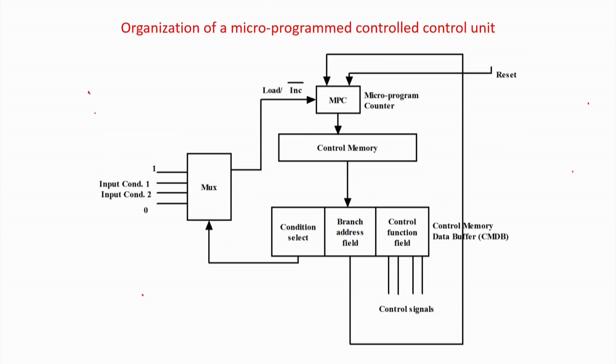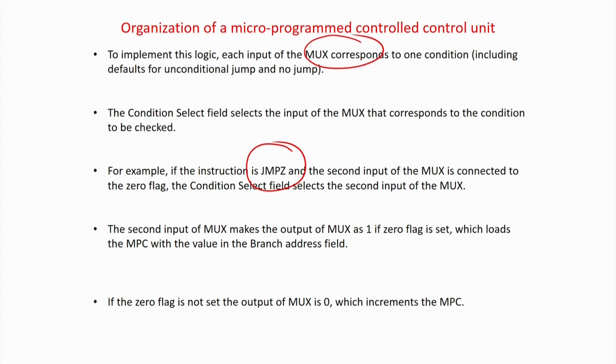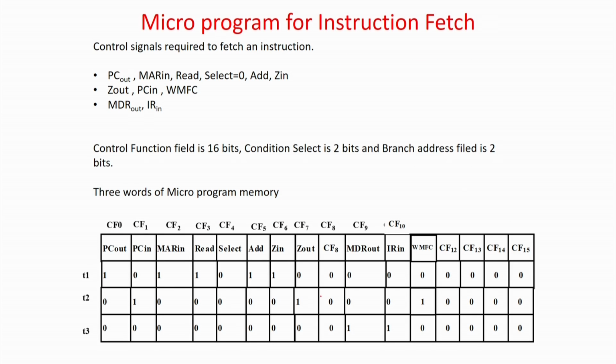So if you have an instruction like jump on 0 to, say, 1 0 1, you have to connect it to the 0 flag. If it is 0, this one will be a 1, it will be loading the instruction. Therefore it has to be set. If the 0 flag is not set, the multiplexer is 0, so it increments the MPC, whatever I have told you. This is explained in the slide, you can just go through it.